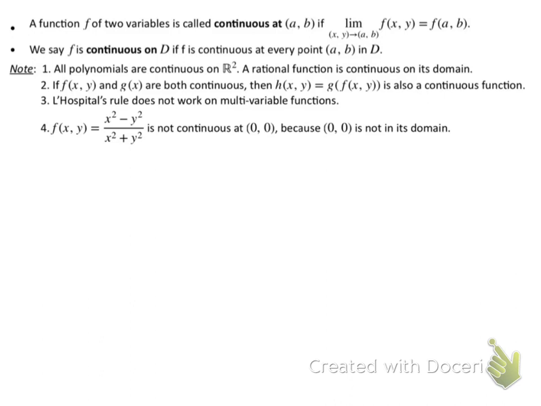So if you know that along all different paths approaching the point, the values will all go to the same number, then the limit exists. If that limit happens to be the function value, then your function is continuous.